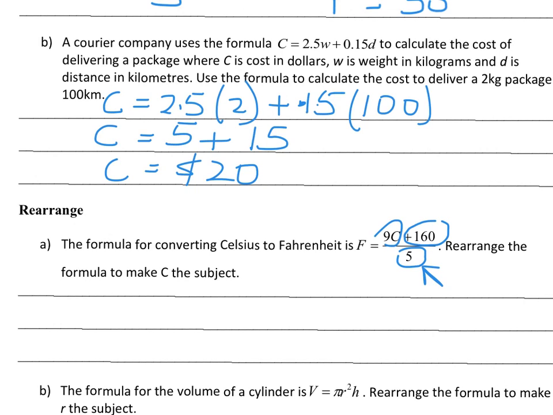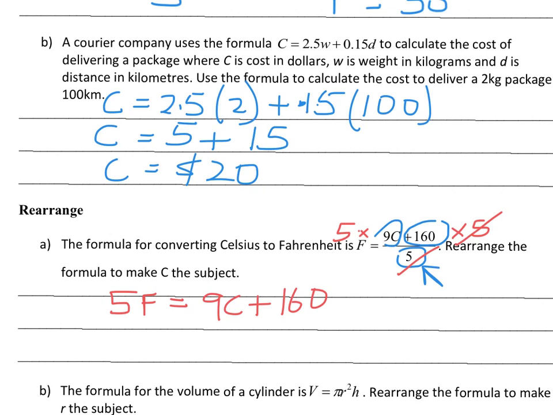I can times by 5 on that side of the equation, and I would have to times by 5 on the other side of the equation. Okay, and then that would cancel my 5's. So I've got 5F equals 9C plus 160. I've lost the 5 on the other side.